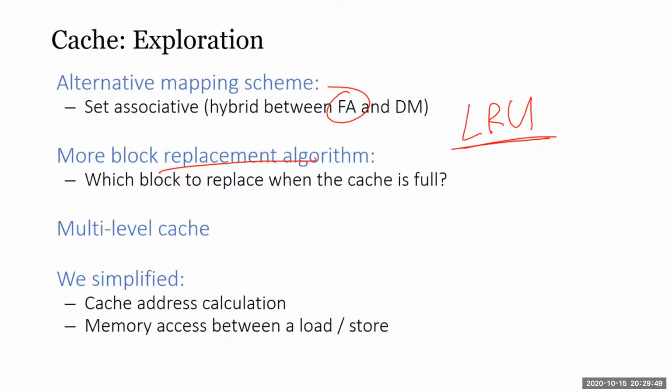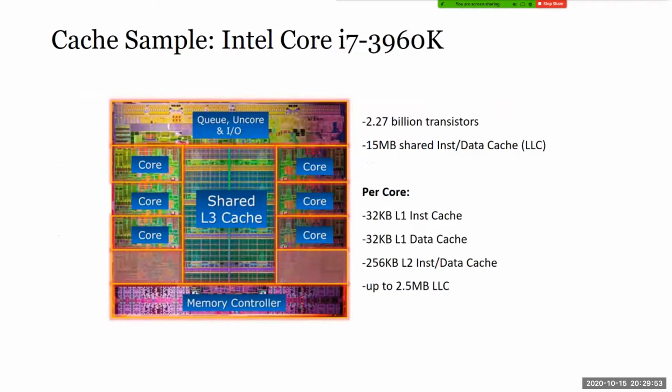Okay, multi-level cache. We see that in processors with different levels of cache. This i7 has 32 kilobytes of L1 instruction cache and L1 data cache, 512 kilobytes of L2 cache, and then all the way up, 2.5 megabytes of L3 cache.